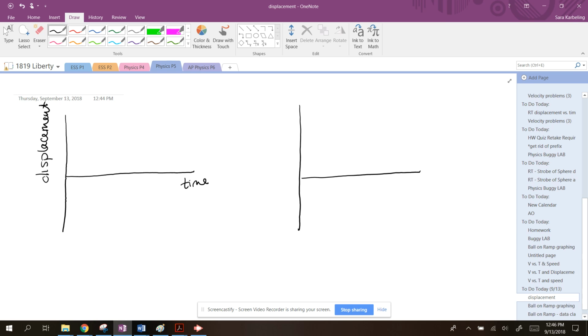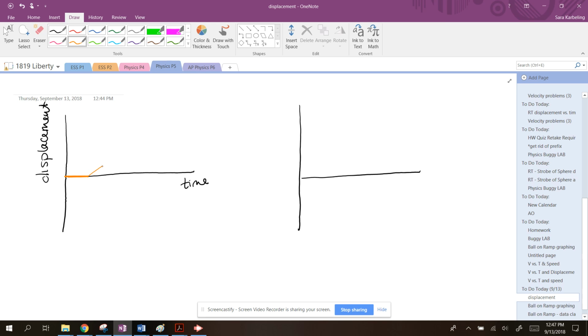Madeline, can you get us started? What did you start with? So it stayed on the x-axis for a little bit. Okay. And then it goes up, it's not that steep of a slope, but it goes up. Okay.